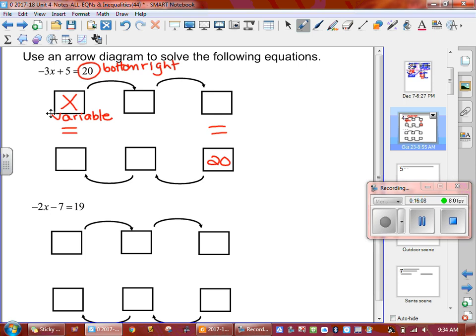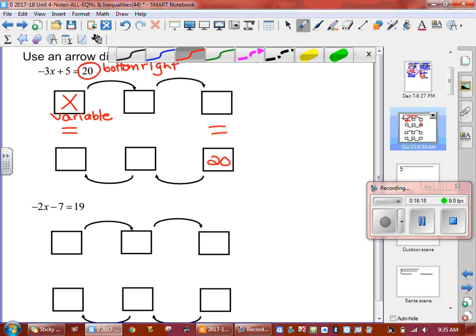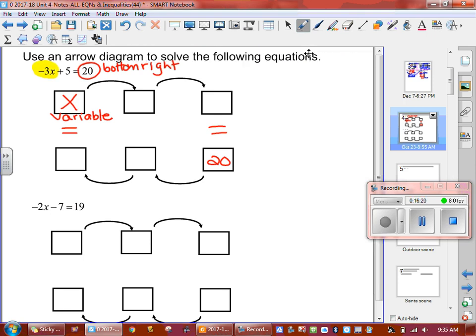So, let's take a look. What is the first thing that happened to x? If I were to look at x, what is the first thing that had happened to him? He's sitting beside a number. And sitting beside a number means he was multiplied by a number. So x multiplied by what number? What number do you see sitting there? A negative 3. That's going to give us our negative 3x.